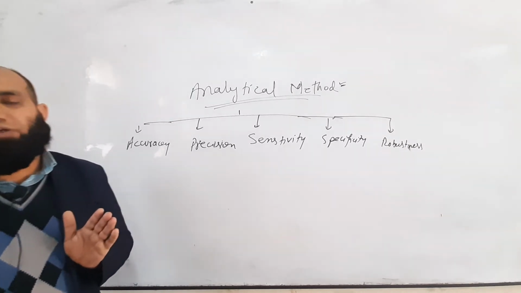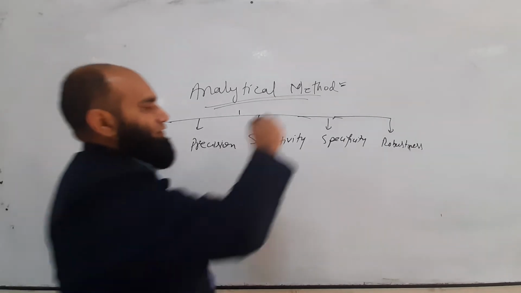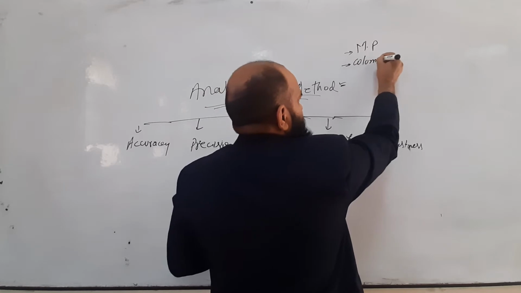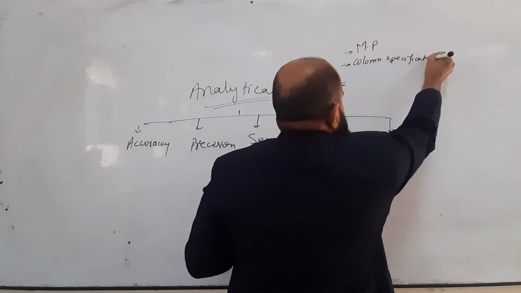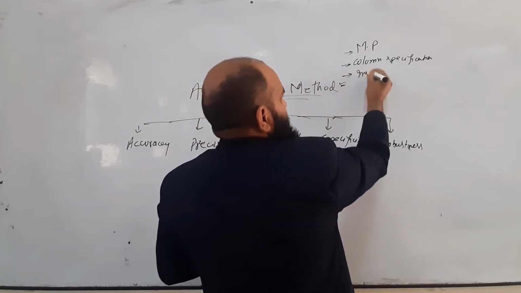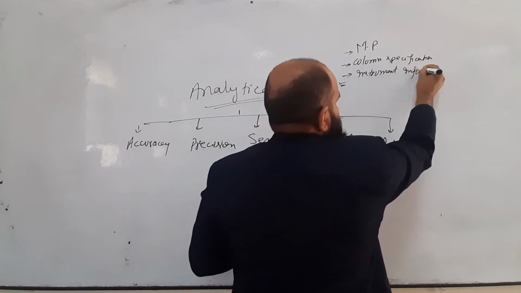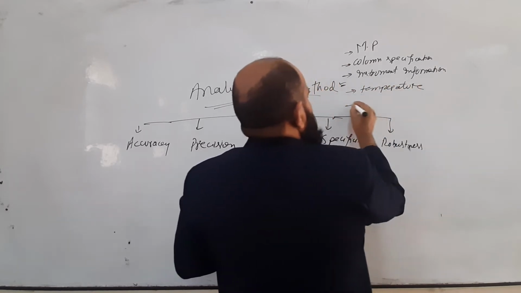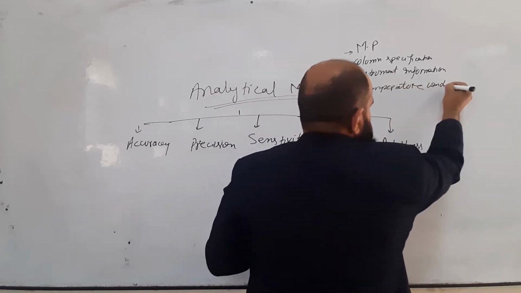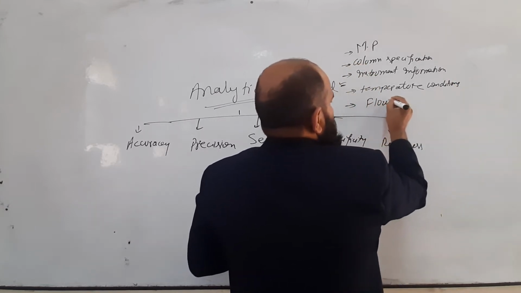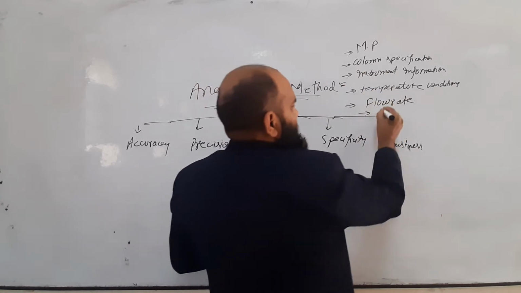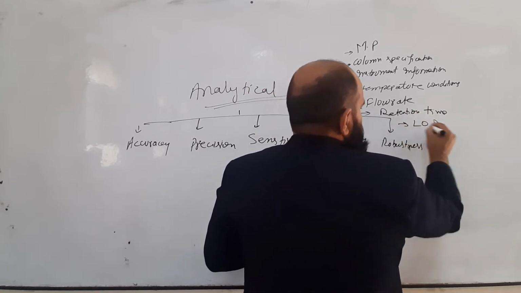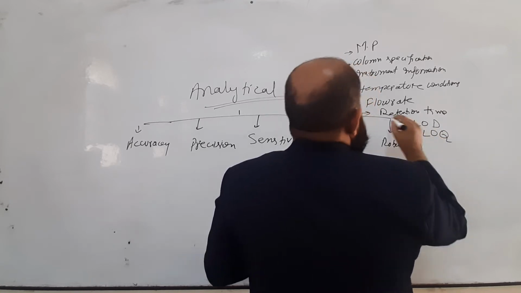Remember, for the sake of the analytical method, if we take the example of HPLC, we will first have to choose the mobile phase, its column specification, the instrument information, the temperature and the temperature conditions, the flow rate, then the retention time, LOD, and LOQ.